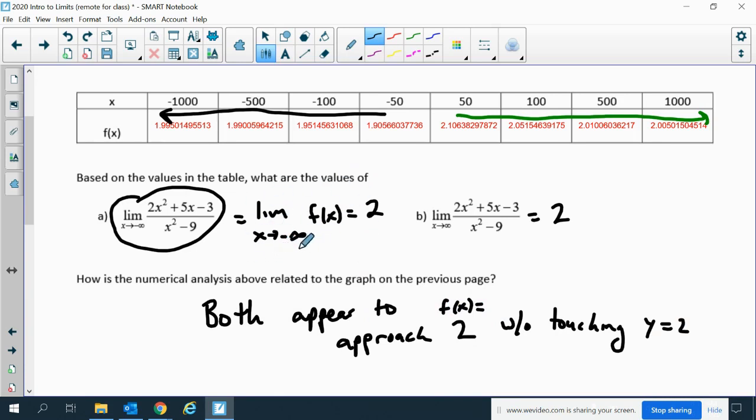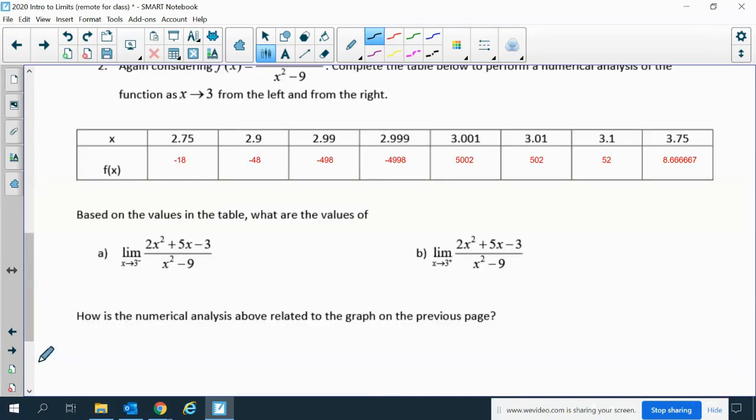So a limit is what we approach as we get to a certain value. Could the limit be equal to something that we actually have? Yes. But sometimes the limit is equal to something, but the function isn't. And in this case, the limit is equal to 2, but the function never equals 2 as we approach positive or negative infinity. It always stays close to the asymptote and never touches it.